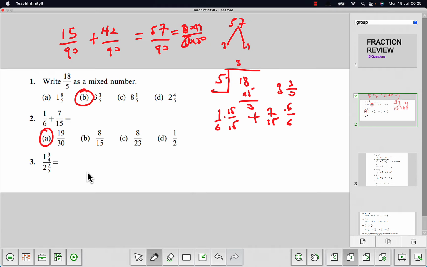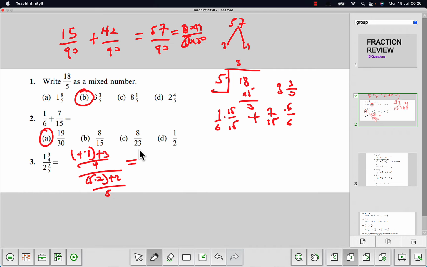We said that whenever you have division of mixed numbers, you convert them into improper fractions, right? So 4 times 1 plus 3 all over 4, divided by 5 times 2 plus 2 all over 5.